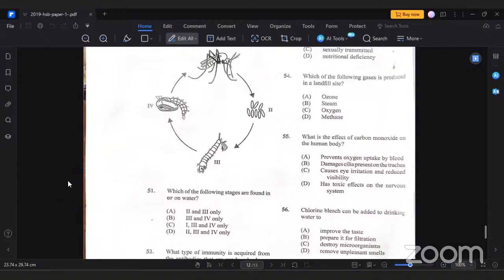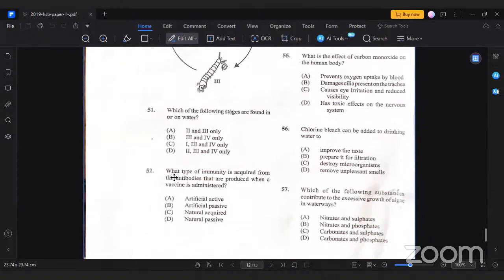I am seeing D from JA, Vanessa as well, 2, 3, and 4 only. Vortex Gaming suggests D as well. You guys are all indeed correct.